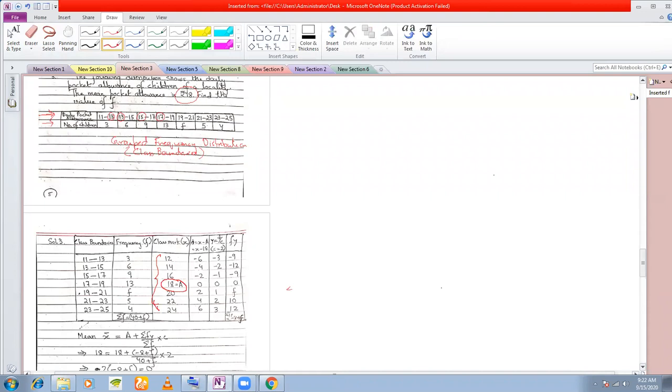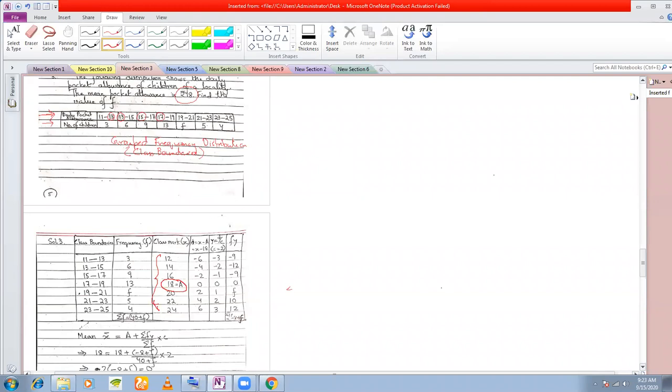Now next we calculate the deviations. I have done this by step deviation method. I have found the value of f by step deviation method. Remember, you can also use deviation method. Step deviation method we normally use because it lessens a lot of calculation, and the chances for mistakes are also lower.